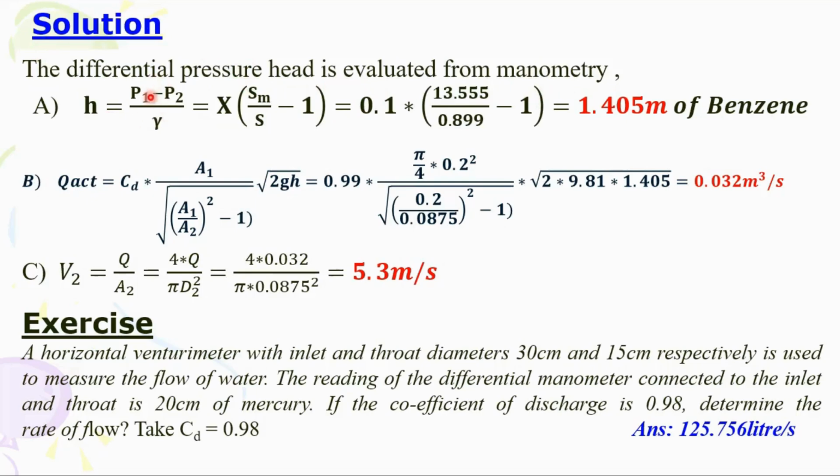H, the difference in pressure divided by gamma, equals X times specific gravity of the manometer fluid divided by S minus 1, where S is for the liquid. The benzene specific gravity is given. So you substitute here, then you will find 1.405 meter of benzene.